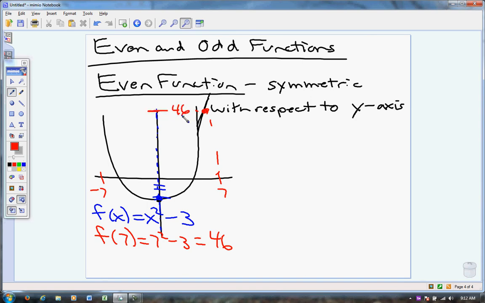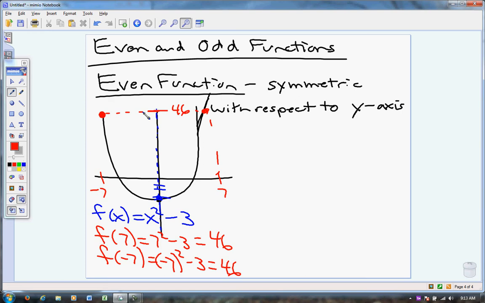Well, let's check over at -7. If I do f of -7, -7 quantity squared minus 3, well, -7 times -7 is still positive 49. It is also going to be positive 46. Okay? So over here, this value was also 46.